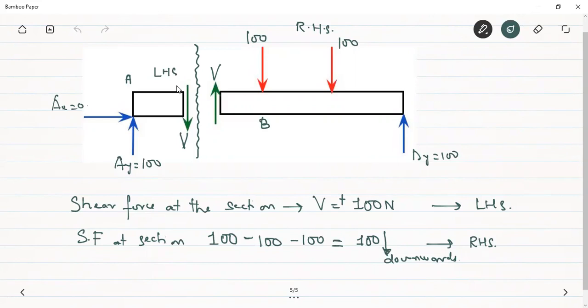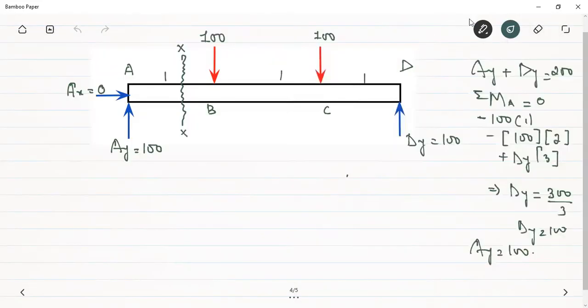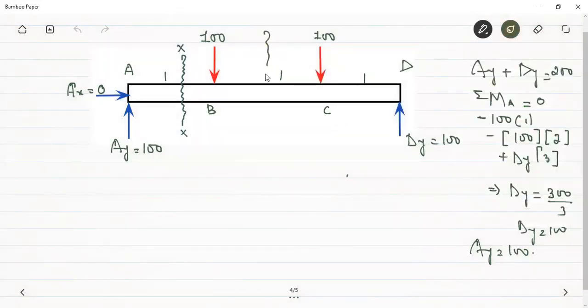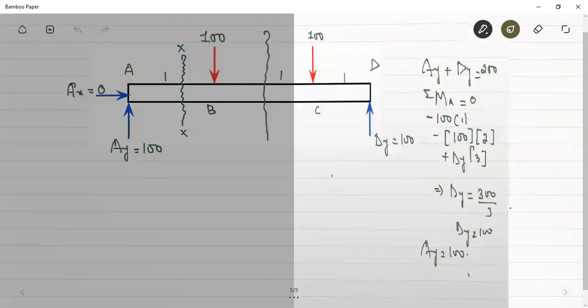Okay. Let me take the section here now. Let me consider the new section. Let's consider this section now. And after considering this section, I have to draw the free body diagram.